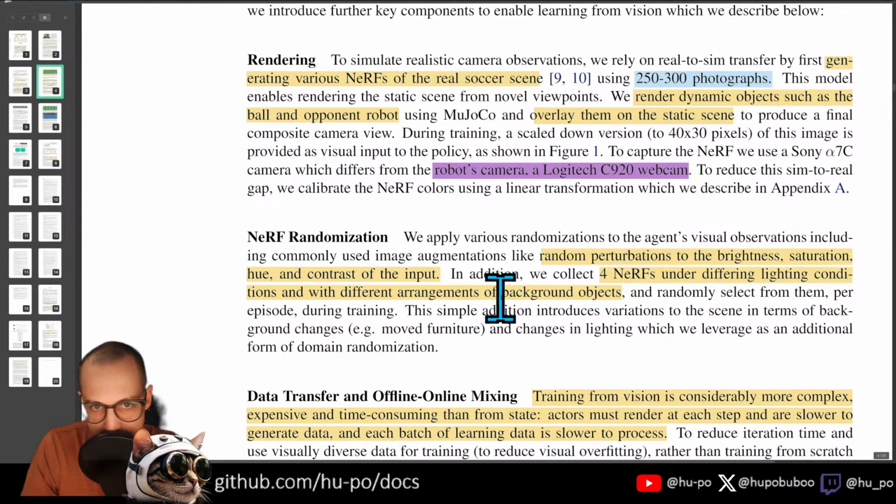So domain randomization is this idea that everything that doesn't matter in your environment, randomize it. Make it weird, make it random, change it. And this is very important in vision-based reinforcement learning because vision-based reinforcement learning is already pretty hard. You don't want it to be overfitting to your specific table, right? So domain randomization is important, and they're going to be doing that by having a couple different NeRFs that they randomly pick every time.